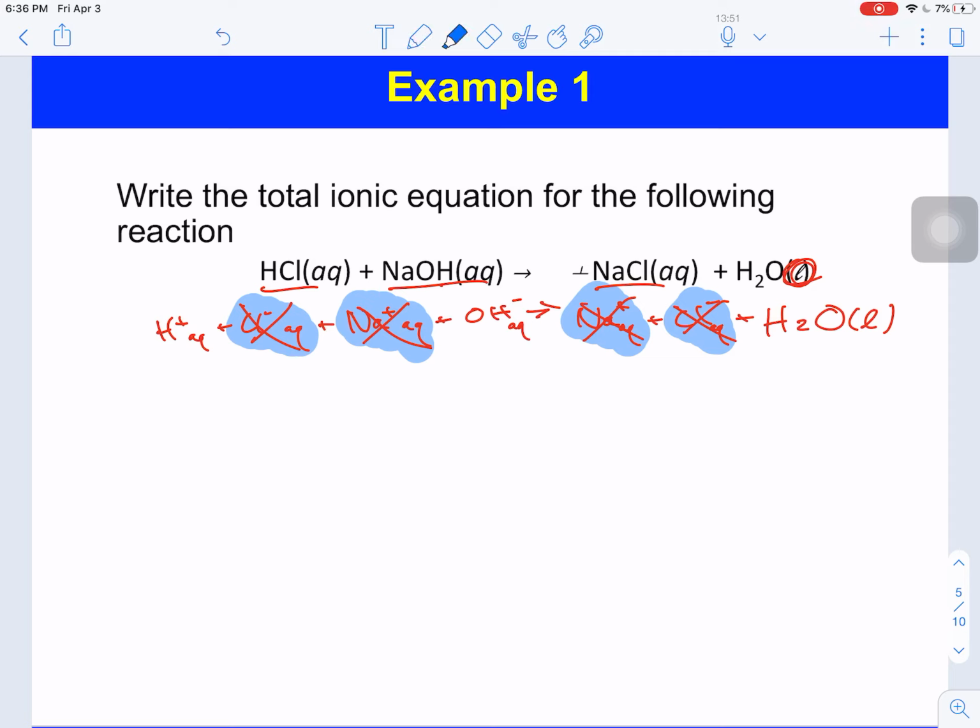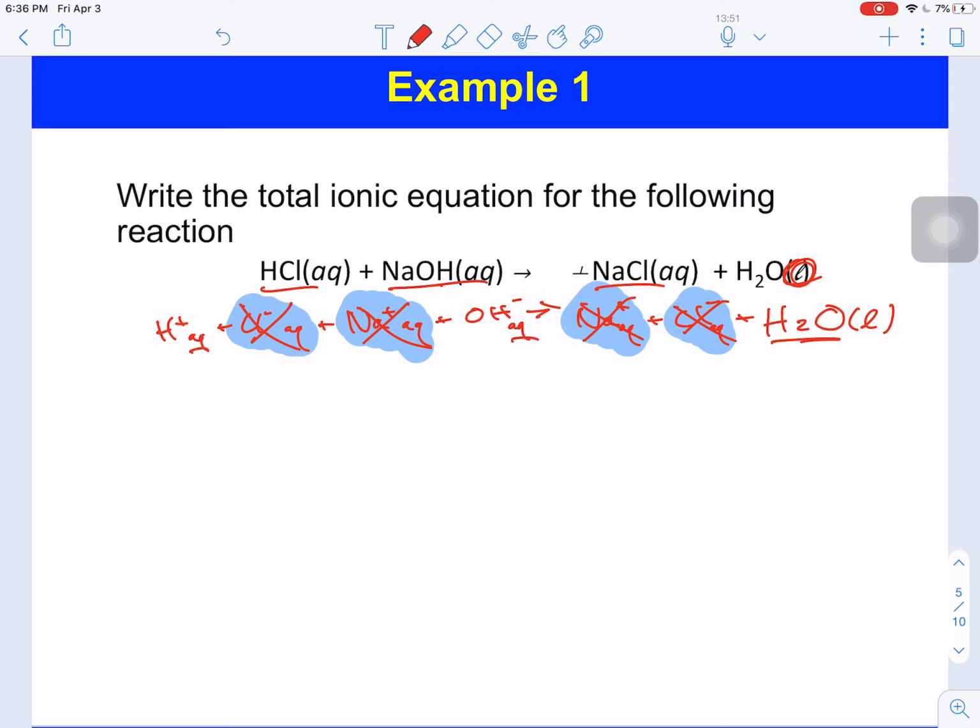H plus and OH minus will combine to make H2O liquid. But this H2O molecule is neutral, so the charges are changing. This is going from H plus and OH minus to H2O neutral, so the charges are changing, and you're going from aqueous to a liquid.